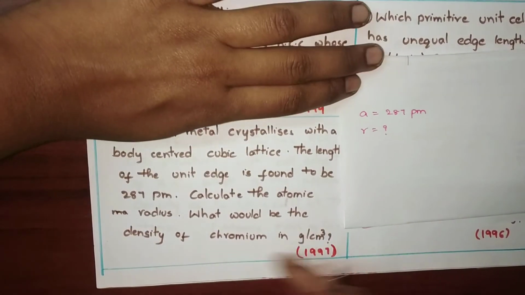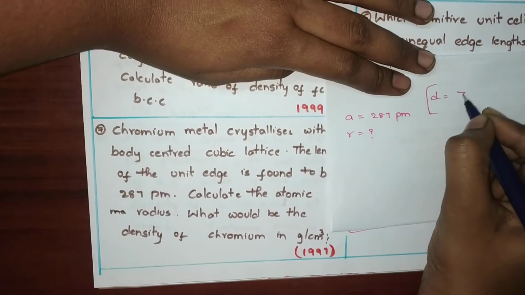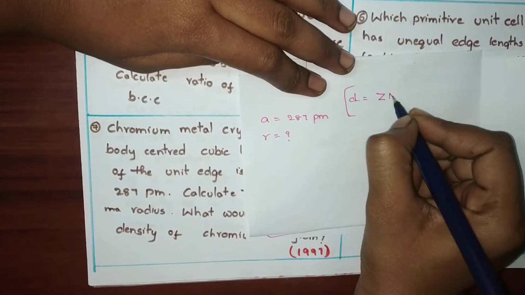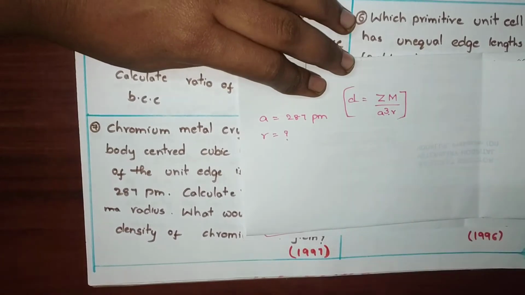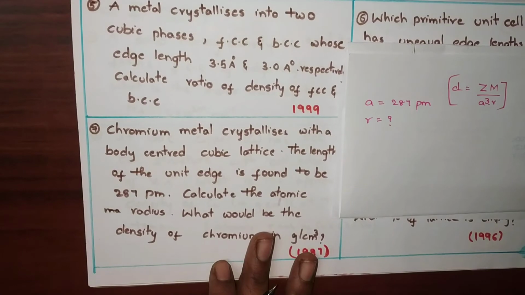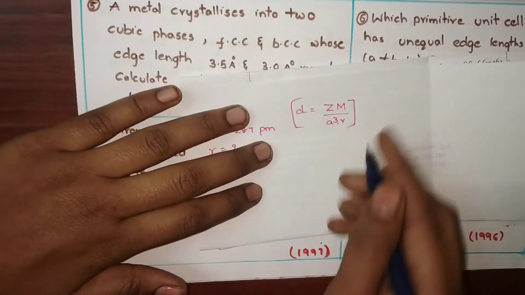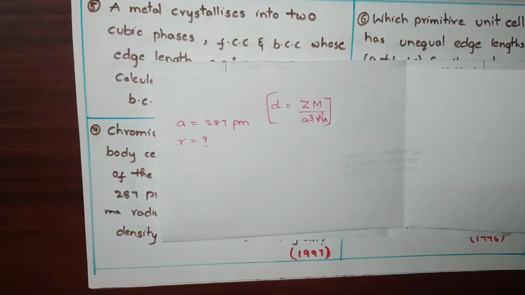So what we need for density is Z M by A cube into NA.